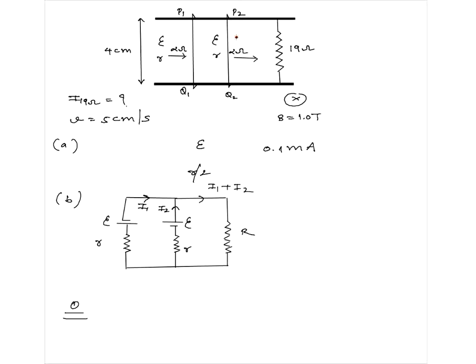So E, 1 ohm, and 19 will be in series with 1, so 19 plus 1 equal to 20. Current will be E by 20, and E will be how much? BLV. B is 1, L 4 centimeters, V 5 centimeter per second.